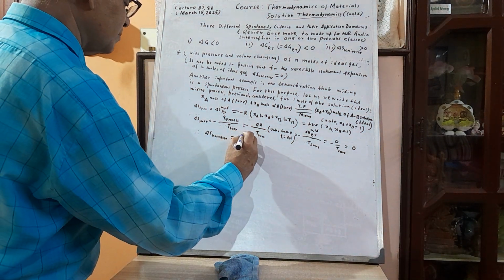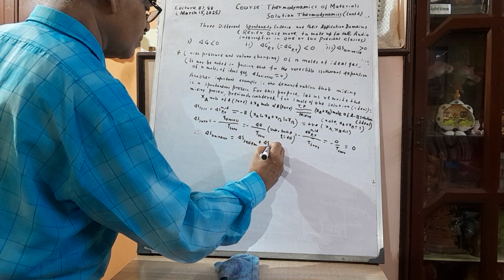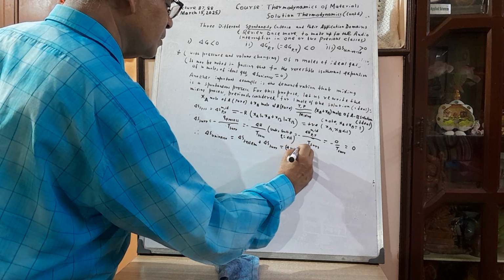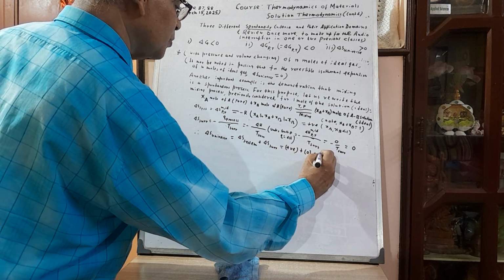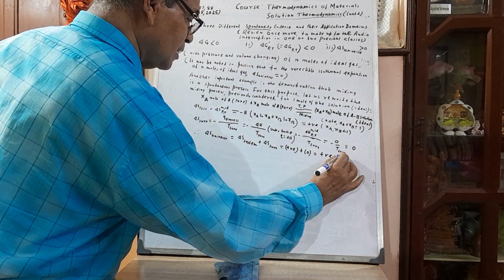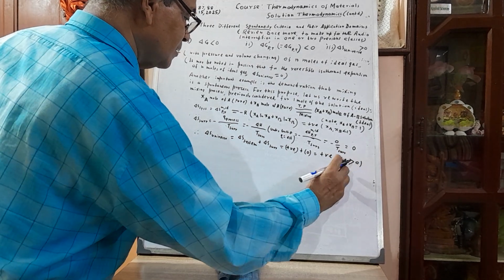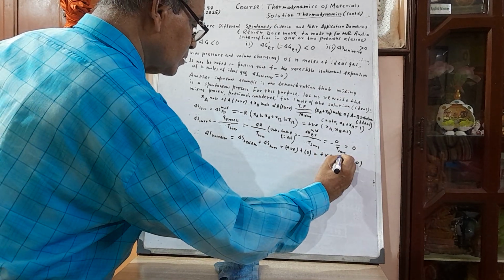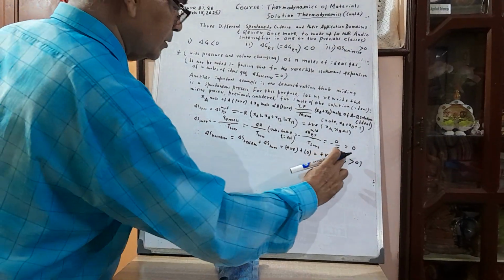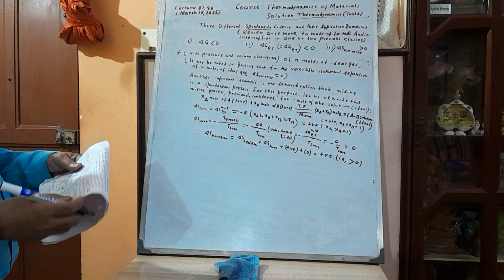It is delta S system plus delta S surrounding, a positive value for system plus 0 value for surrounding is positive, meaning greater than 0. So that is all. This topic is completely covered.